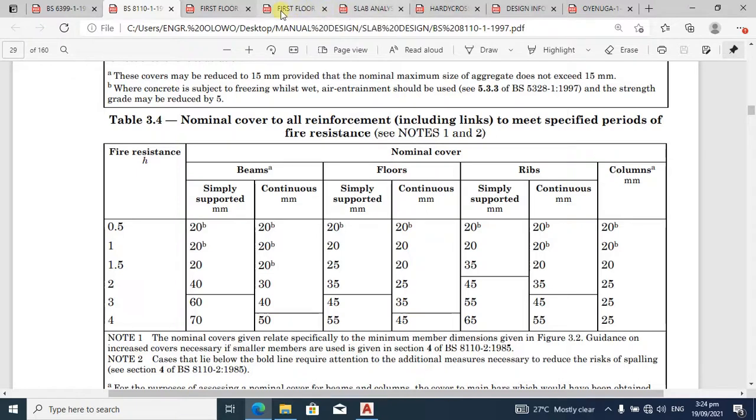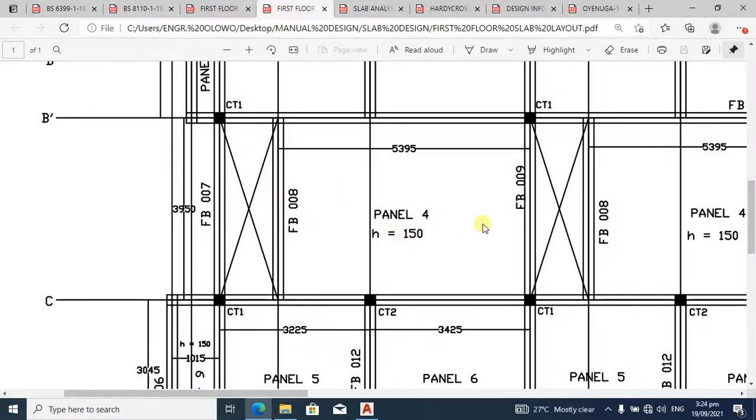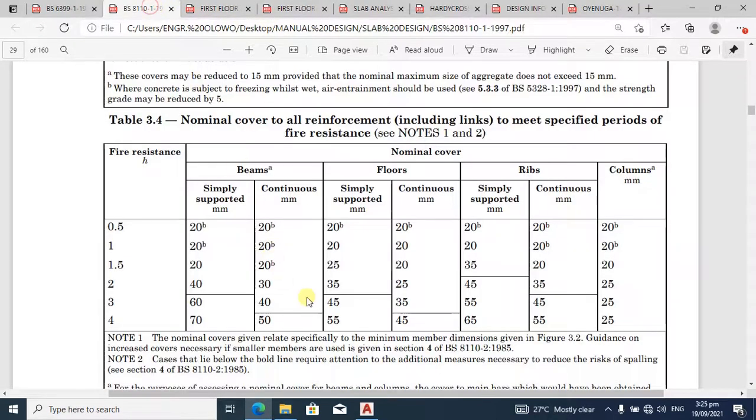As you can see, this panel 4 is continuous towards this direction, but it is discontinuous along this direction. We have this panel 4 discontinuous around these two short edges, and it is continuous along these two long edges. So therefore, from this table we are going to go with 25.